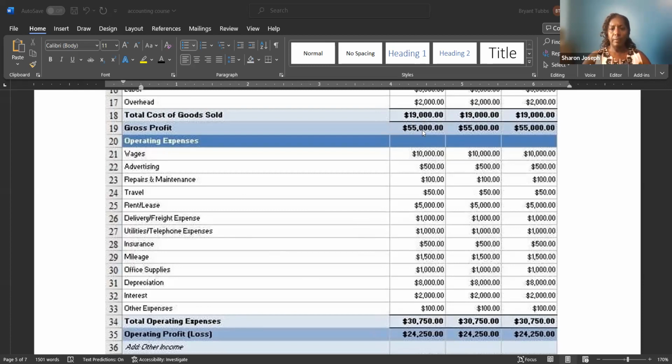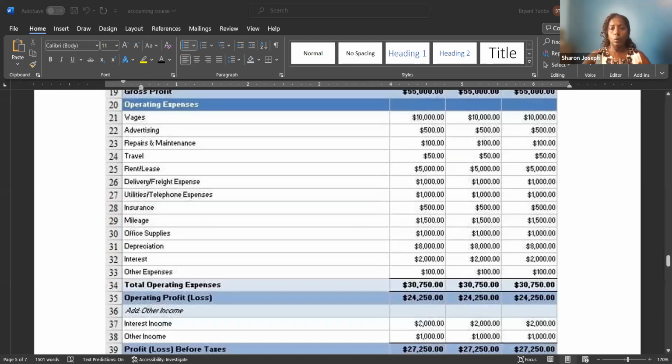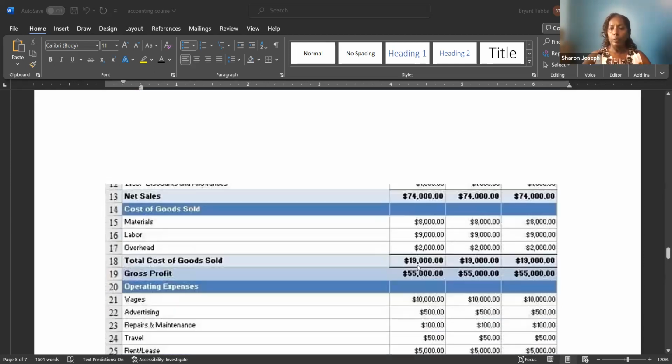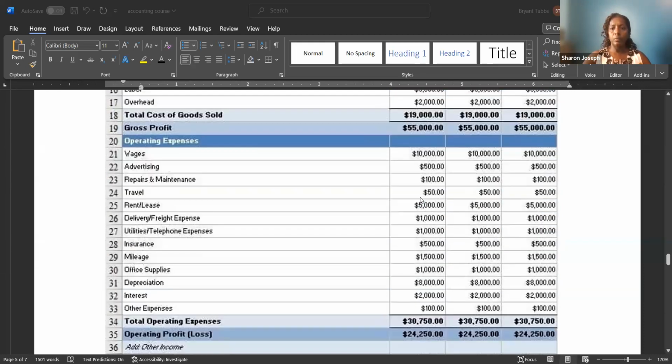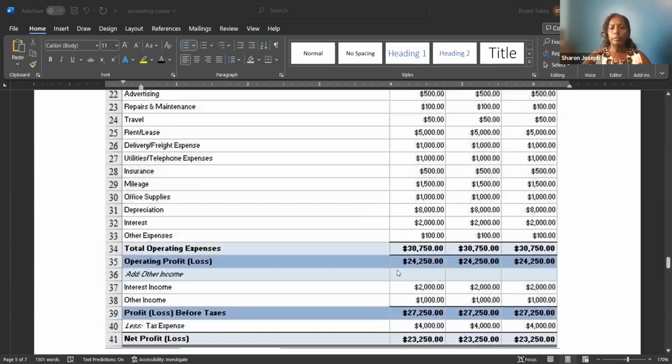So 55,000 minus your operating expenses of 30,000 will give you an operating profit of 24,000. There's no sign here, but we know that the sales were a credit balance, which is the highest, so this is a credit balance. We're still in the positive.